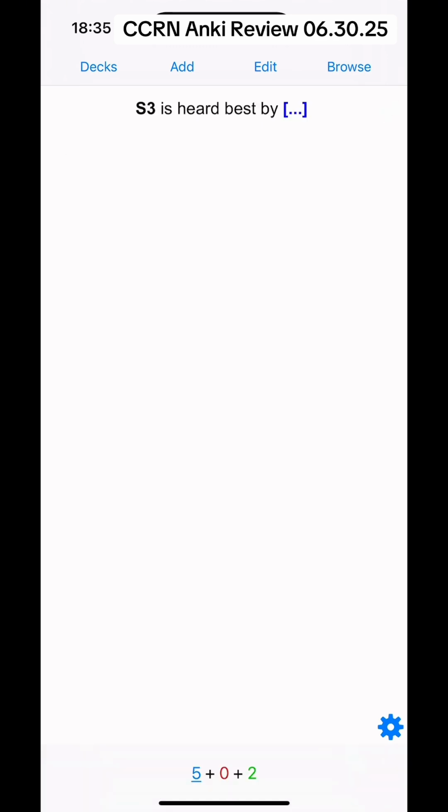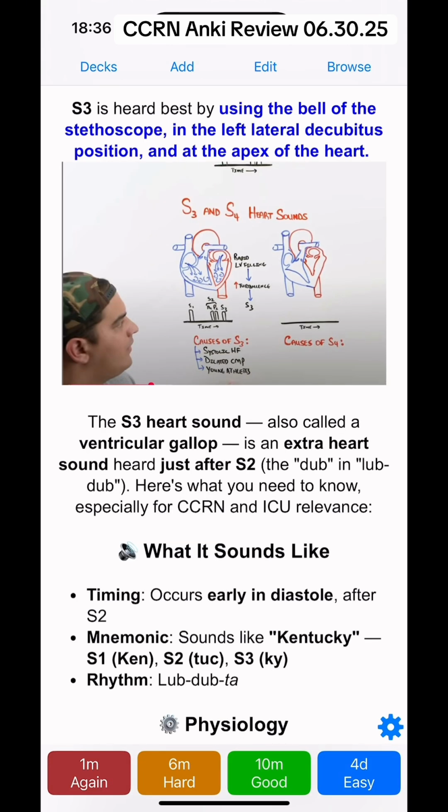S3 is heard best using the bell at the apex of the heart, left lateral decubitus position. S3 and S4 are both heard in the same place.